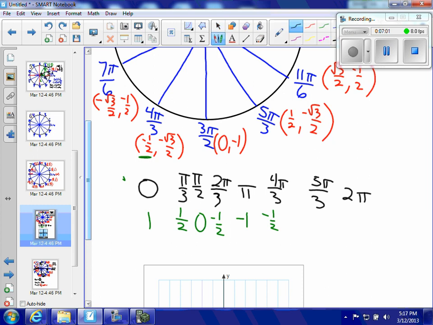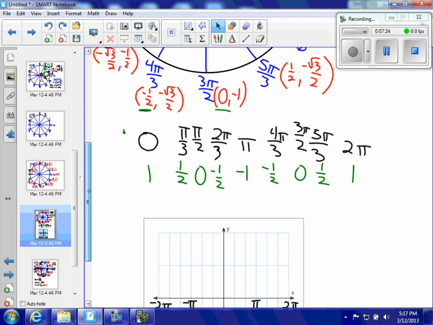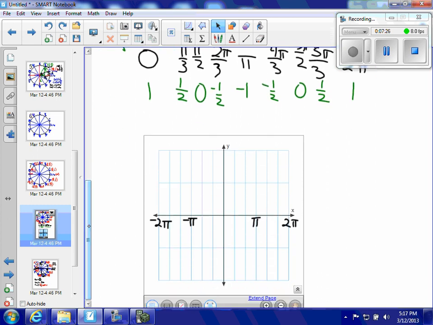Let's put in 3 pi over 2. It's 0. At 5 pi over 3, it's a half. And we get back to 2 pi, which is the same as 0, it's 1. Well, let's see if we can graph cosine x.